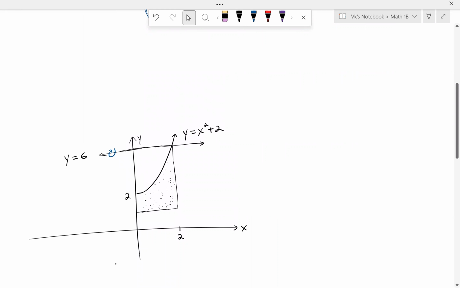Now, in this example, let's say that we're going to rotate the bounded region about the line y equals 6. So when we do the rotation, this would be a washer. Here's the sample washer.